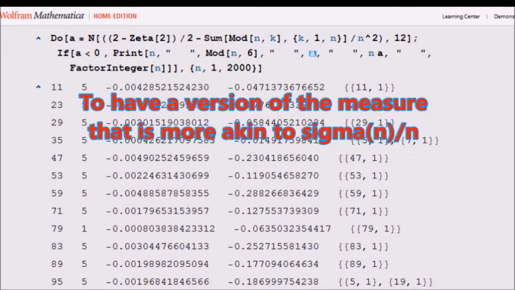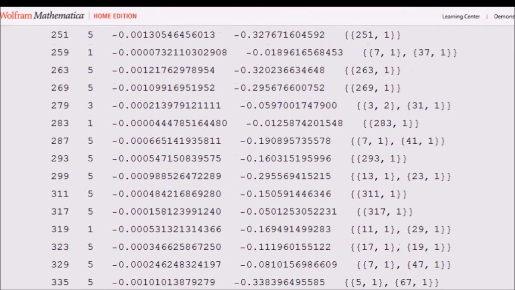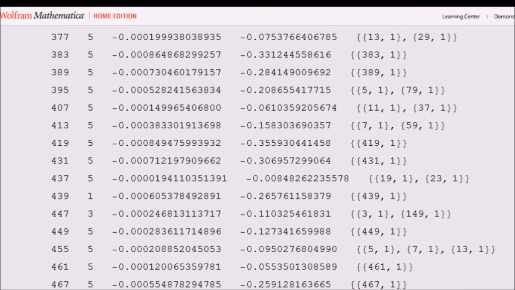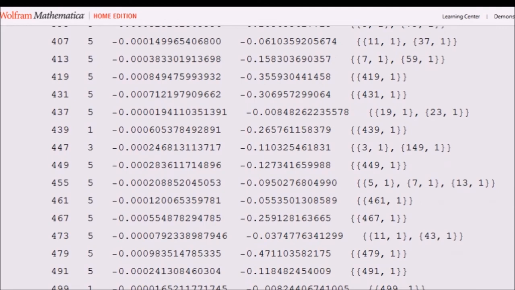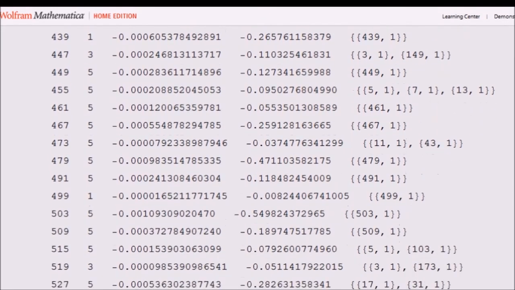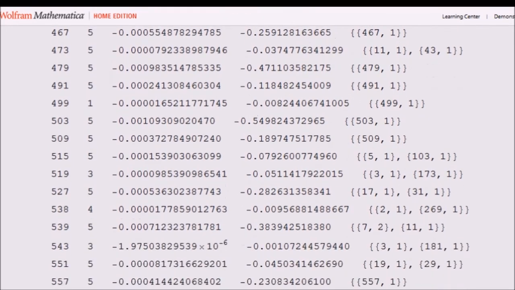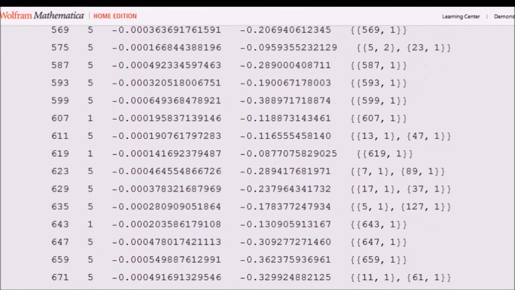But anyway, the point is that we are very much restricted to odd numbers, and it's impossible for an even number to have a negative measure of r of n over n squared.